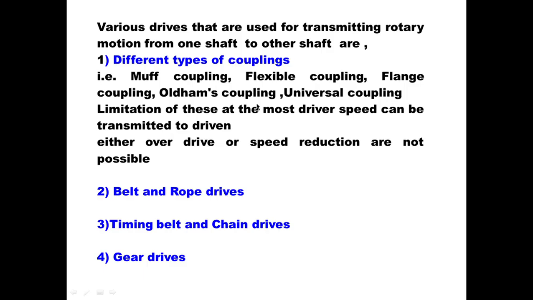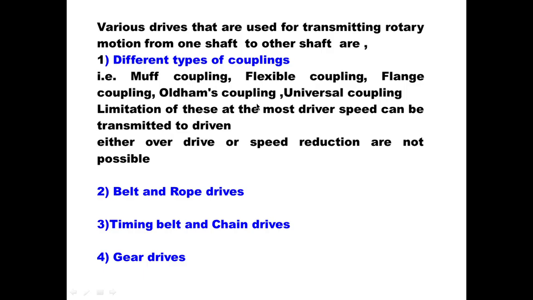Now, what are the limitations of these couplings? At the most, driver speed can be transmitted to the driven. Either overdrive or speed reduction is not possible. When we study gear ratio and gear theory, there we can get the aspect of speed reduction, which is not possible here.